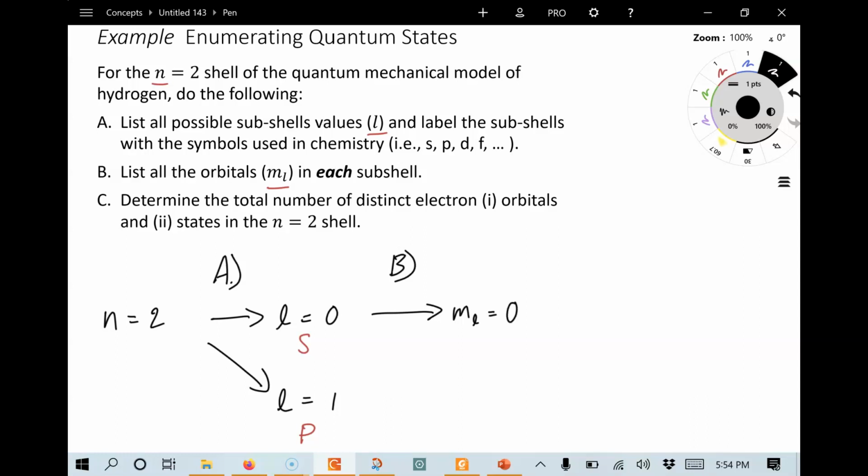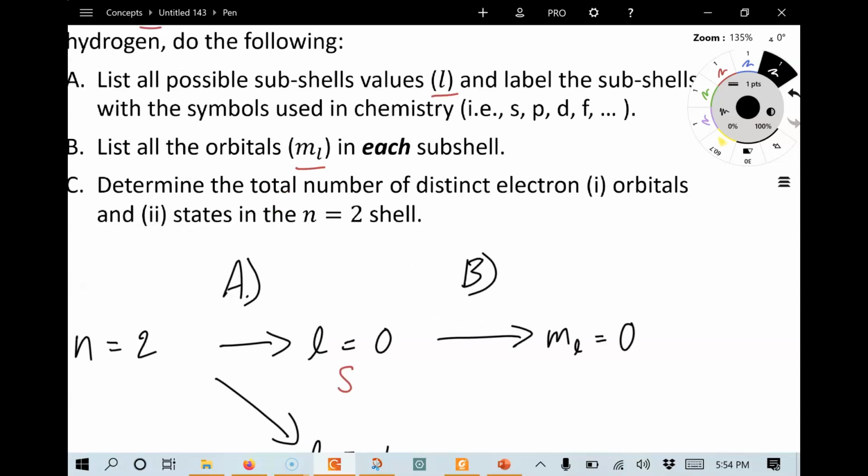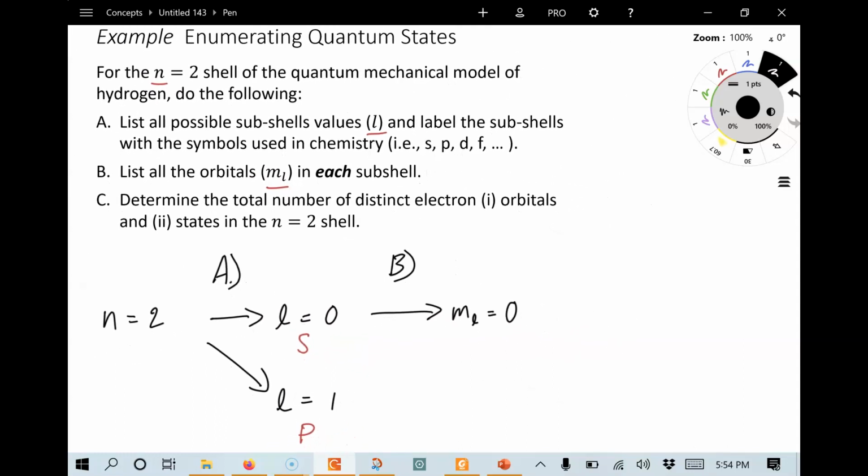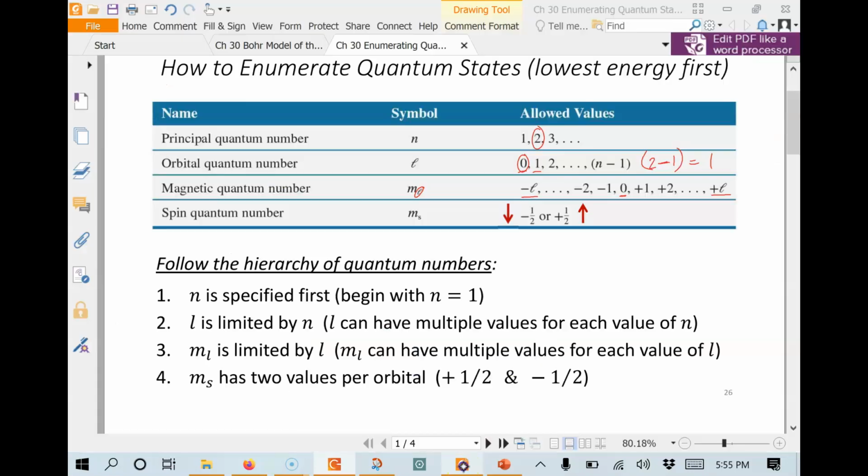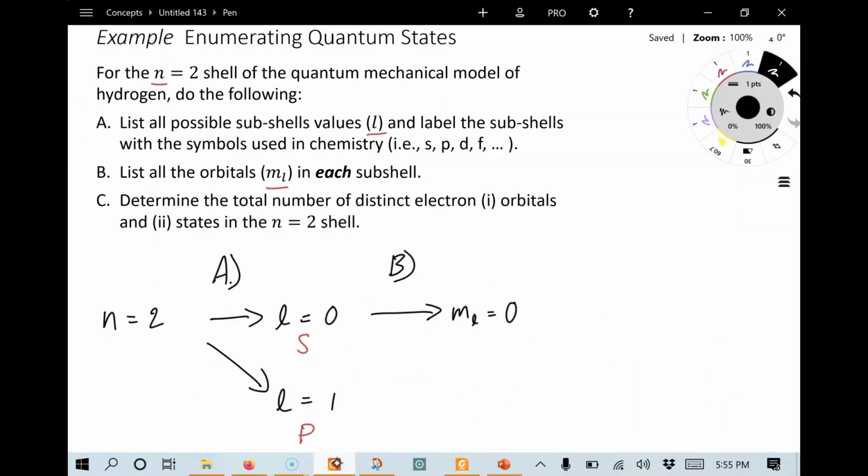And now we can look for the other possibility where we have L equals 1. Going back to the equation, if L is equal to 1 now, I can go from minus L to plus L in integer increments. So we're going to go from minus 1 to 0 to plus 1. So we write that down.